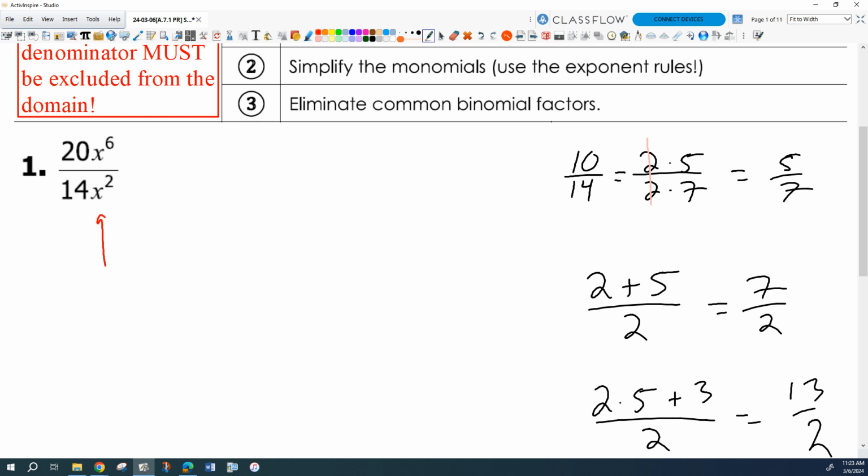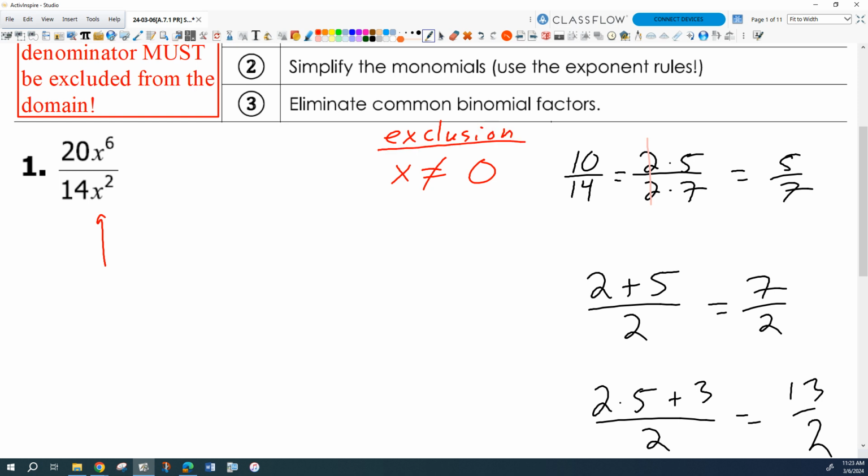So what value of x could I plug in that would make the bottom equal to 0? 0, right? 14 times 0 squared is 0. So before I do anything, I've got to write down x cannot equal 0. That's my exclusion. I have to exclude that from the domain.